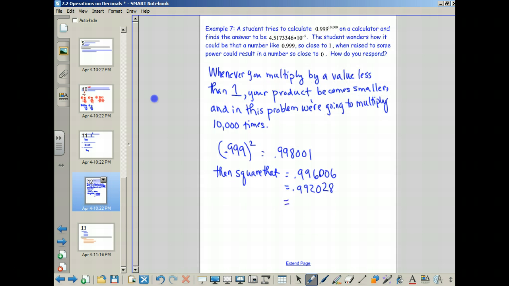And then you might be thinking this is going to take all day. I promise it's not. 0.984119, and I'm just using 6 decimal places. Okay. And then I'm going to get 0.968491. So what am I doing now? 5 times. And then I'm going to get 0.937975.